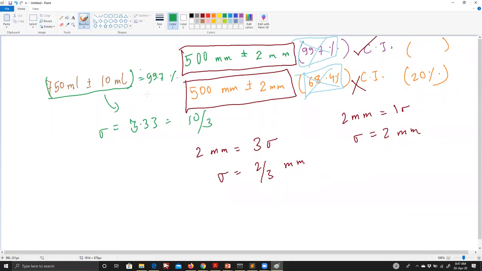We are gonna go in that direction anyways. But I am just trying to explain that just because they have mentioned 750 ml plus minus 10 ml, it is not complete information. You need something else, and that is called a confidence level or confidence interval to know how many samples or how much of the total population falls under this actual range.